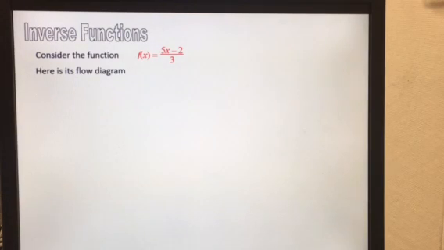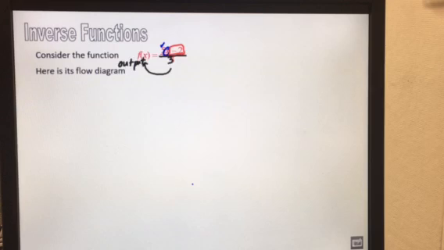We input an x value, and you'll see that the process starts by multiplying that x value by 5 and then subtracting 2. And then last but not least is dividing that result by 3. And that gives us our output, which is f of x.